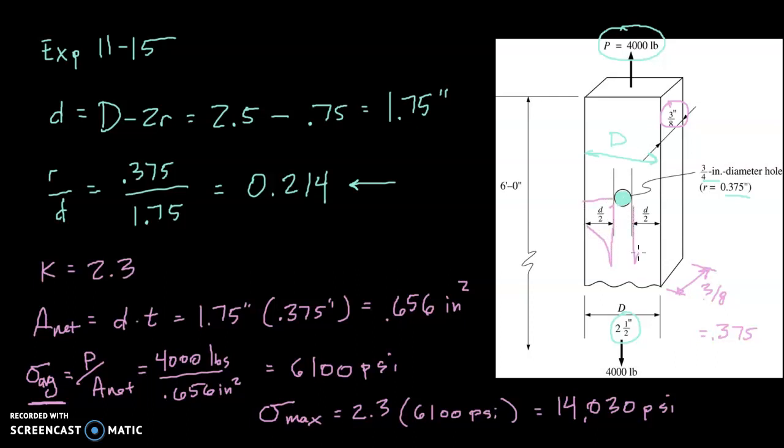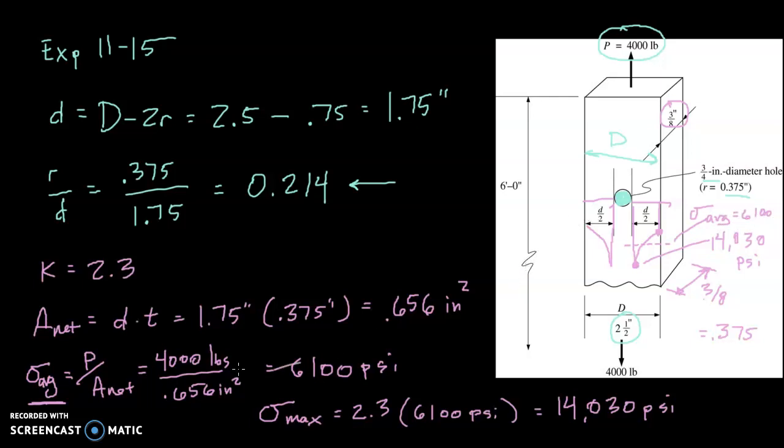If I were to represent that stress graphically here, that maximum amount of stress here is the 14,030 psi. But if I take somewhere the average value here between the maximum and the smallest amount, the average stress is our 6,100.